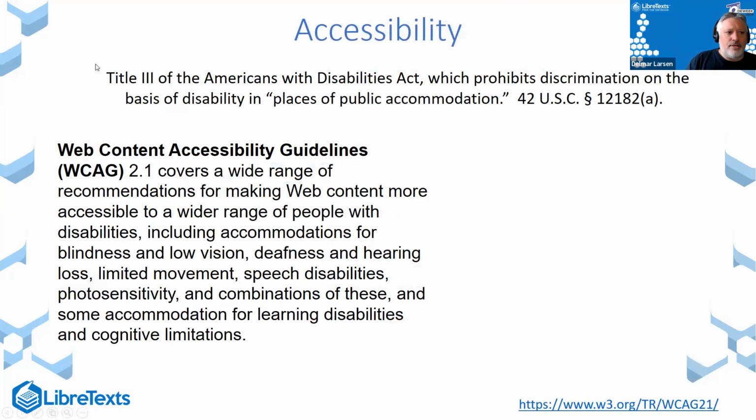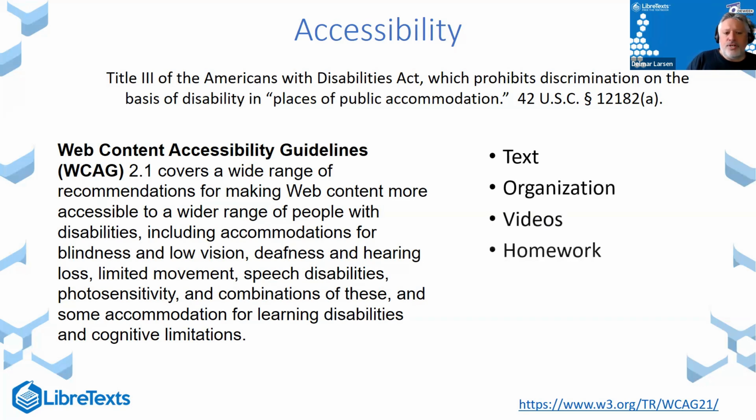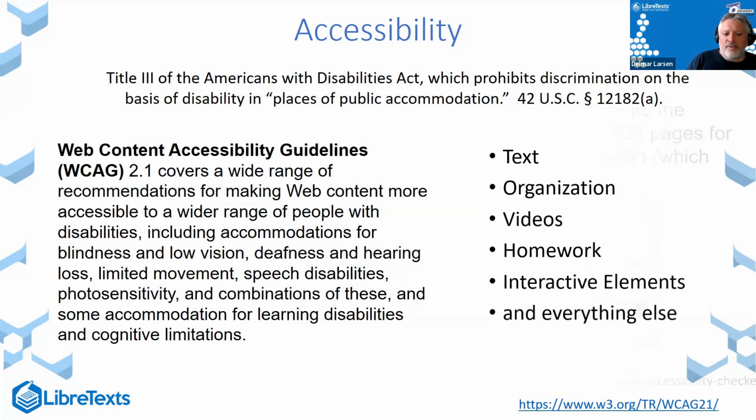I mentioned accessibility. We take accessibility very seriously. We need to make sure that we have full effort in order to facilitate accessibility. In this case here, WCAG compatibility. We use 2.1 for text, organization, videos, homework, interactive elements, and everything else.